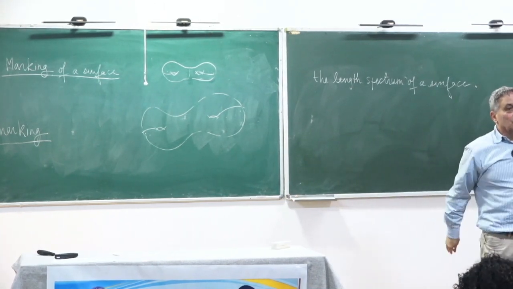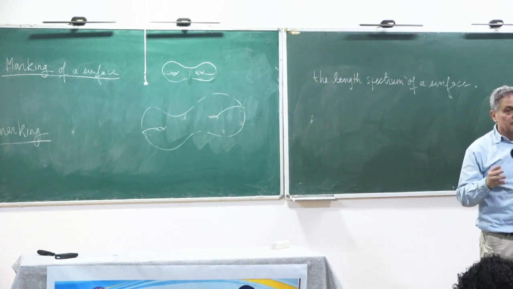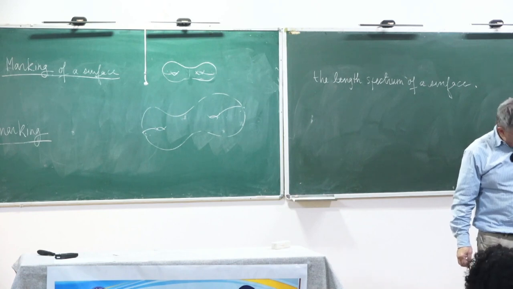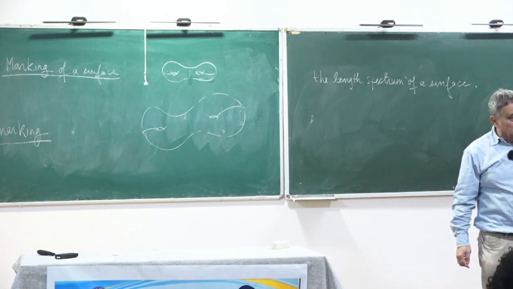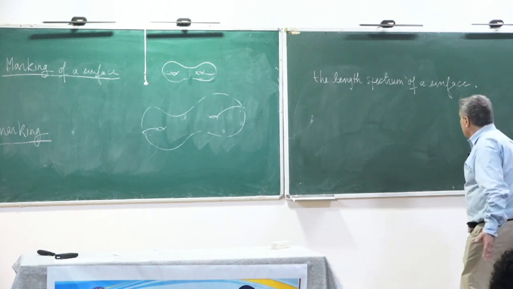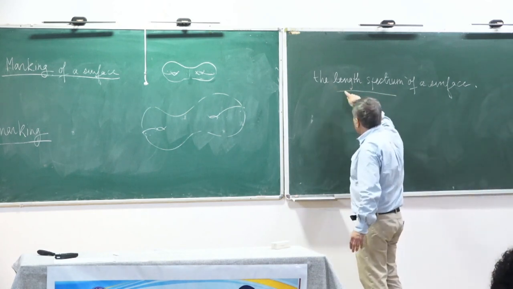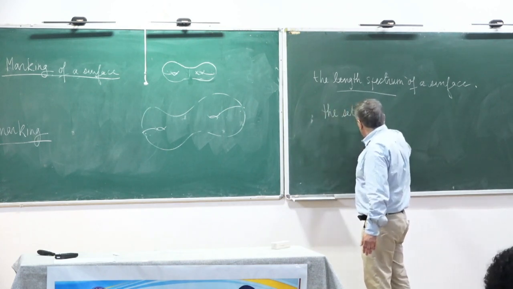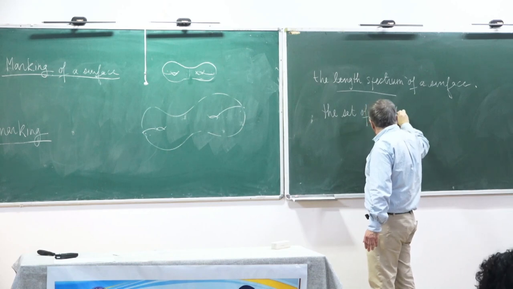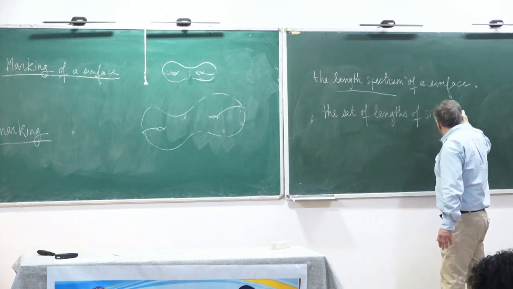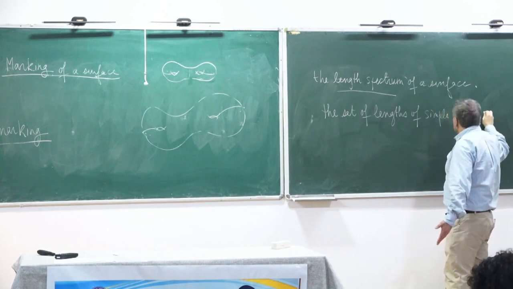Among the people who know, can you tell me what is the length spectrum of a surface? It's the length of the path of the closed path. Yes. So the length spectrum, there's the word length here. So this is the set of lengths of the simple closed geodesics.